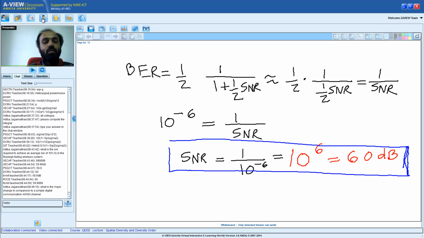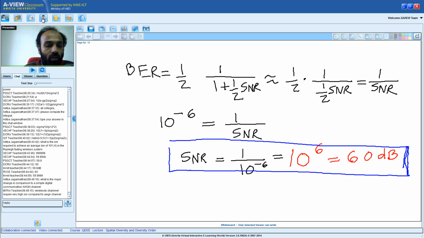That is, what is the comparison to a simple channel, which is an AWGN channel, in which there is no fading or no multi-path propagation?